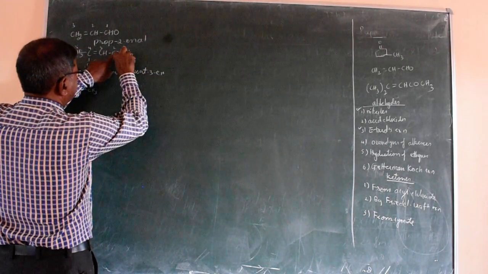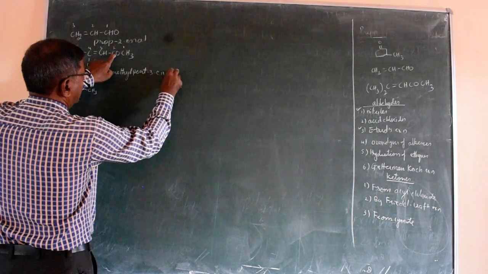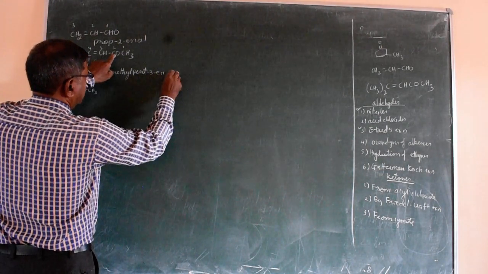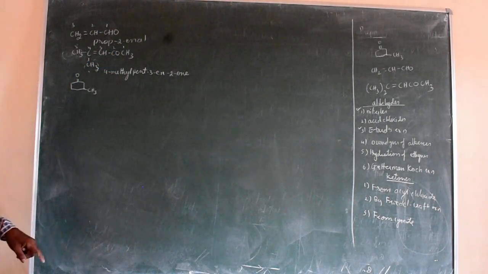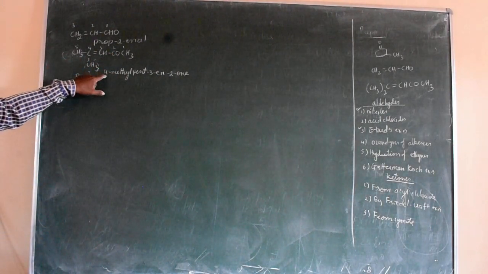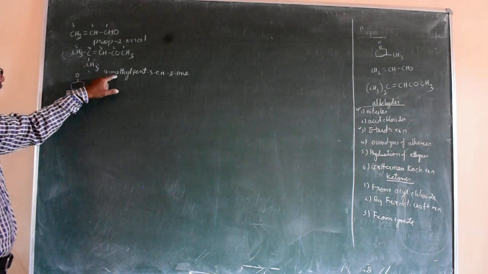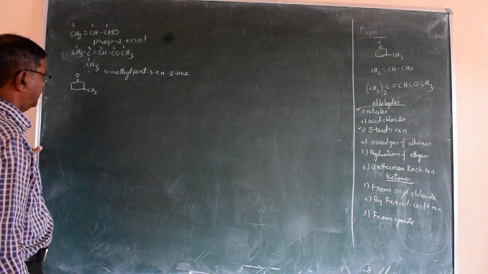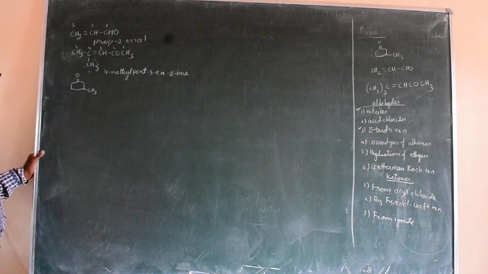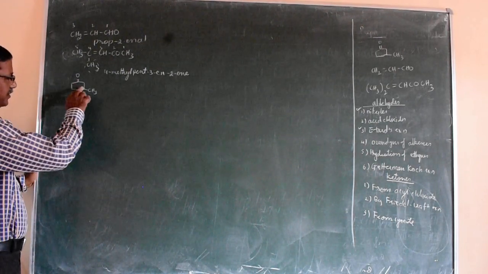And afterwards on the second carbon we have one. You can write 2-one or simply one. So this is the IUPAC name of acetyl oxide: 4-methylpent-3-en-2-one. Yesterday I got confused about this one.